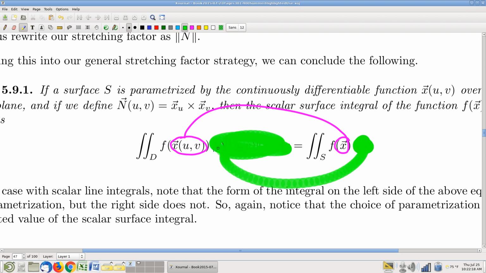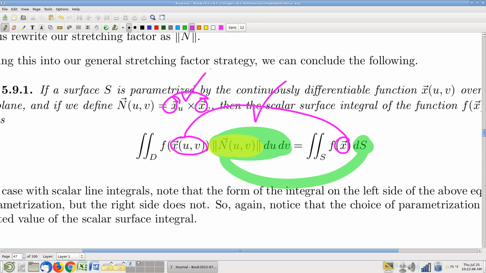ds is all of this business. Namely, it's a stretched out version of what went into it, namely du dv. Notice that everything in that computation comes from the parameterization, right? This thing right here is literally plugging in the parameterization. This stretching factor is a magnitude of a cross product of partial derivatives of the parameterization.